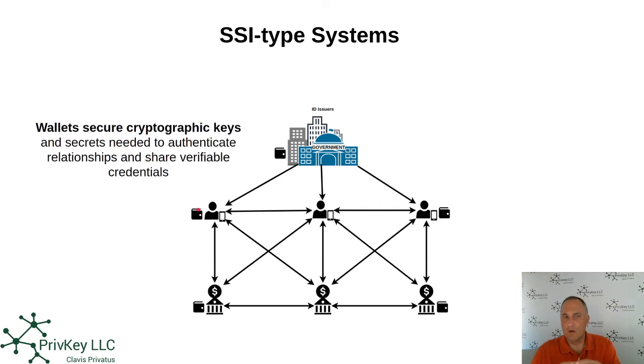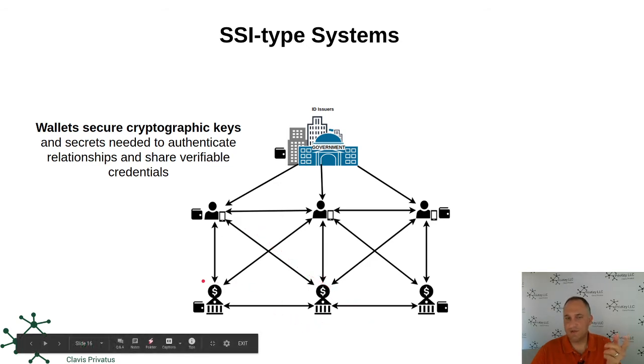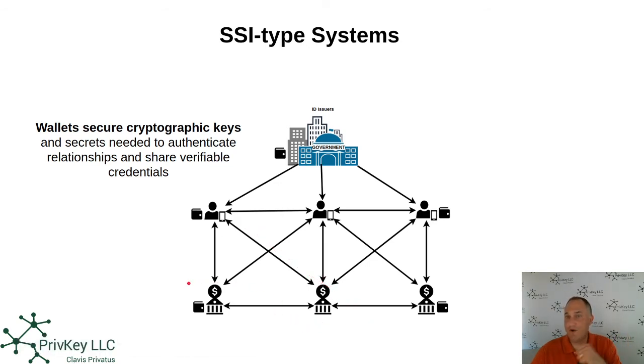And this is where secure cryptographic keys and secrets needed to authenticate relationships and share verifiable credentials are stored. So the wallets come into play because now, whether it's the issuer or the government, an individual, or the financial institution, they're able to have control of their identities. And they can exchange communications with other peers in a peer-to-peer network using cryptographic keys and using these wallets to verify who they are and establish that communication.